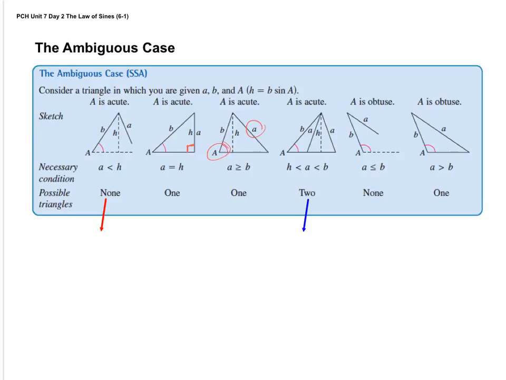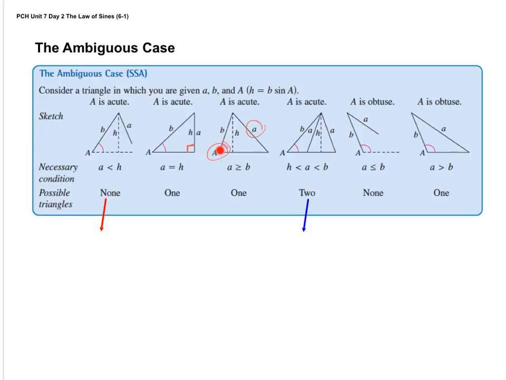It'll be the longest, because an obtuse angle is automatically going to be your biggest angle, so your opposite side has to be the longest side. So in this case, if A is shorter than B and you have an obtuse angle, that's impossible. There's no way you can make a triangle like that. So there's no solution for that one.